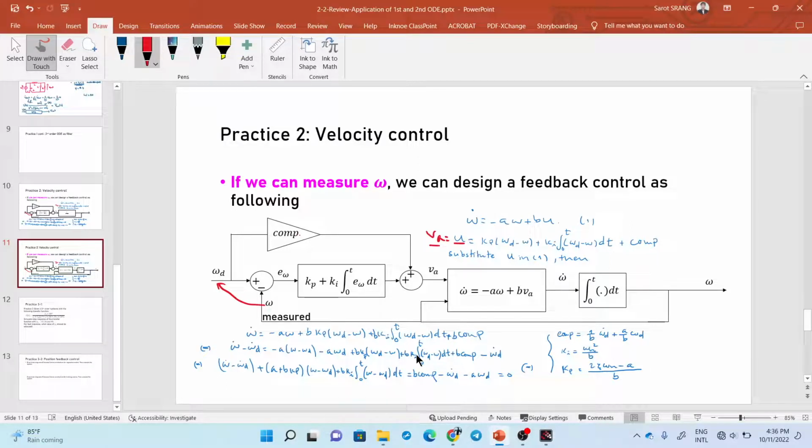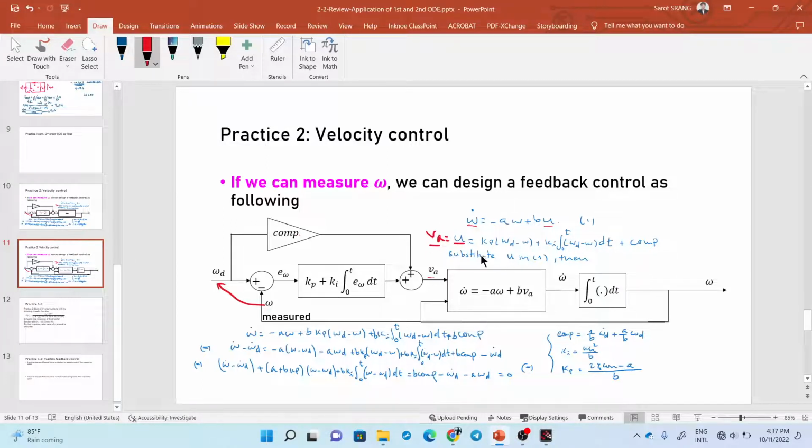I'm going to explain briefly here. The original equation for the DC motor is first order, because we ignore the inductance, since usually it's very, very small. So here output is omega, input is voltage U or VA.